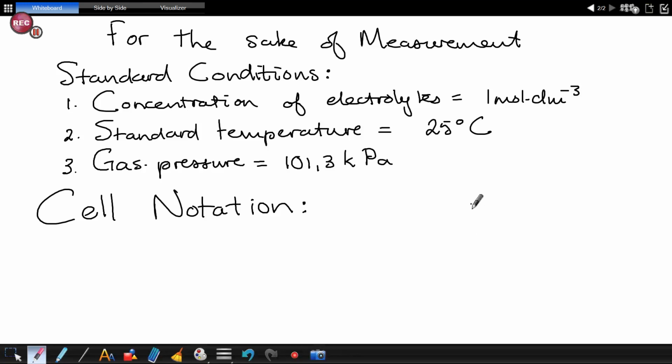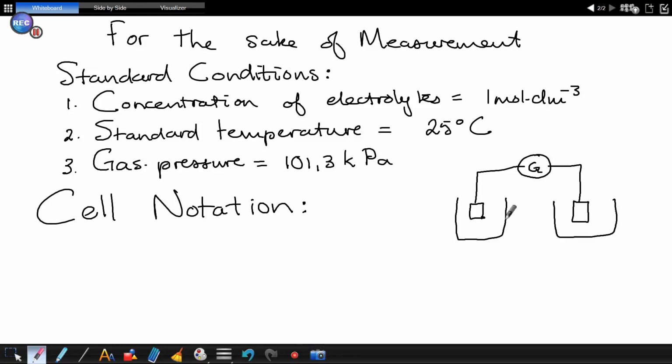Instead of having to draw out the zinc electrode, show the galvanometer, draw the copper electrode and draw out this whole situation here, there is a quick way to represent this. The quick way is called the cell notation.